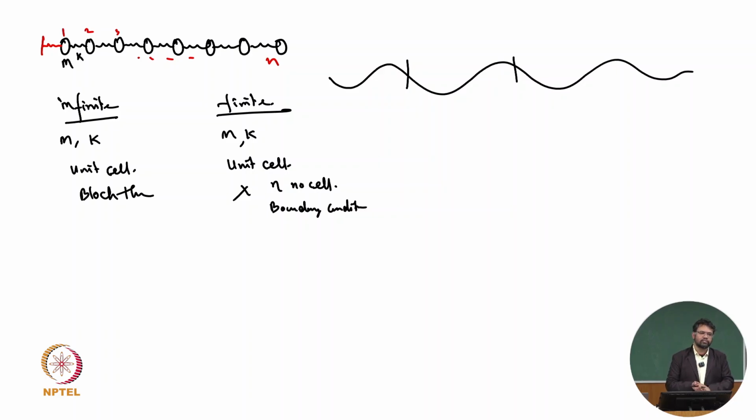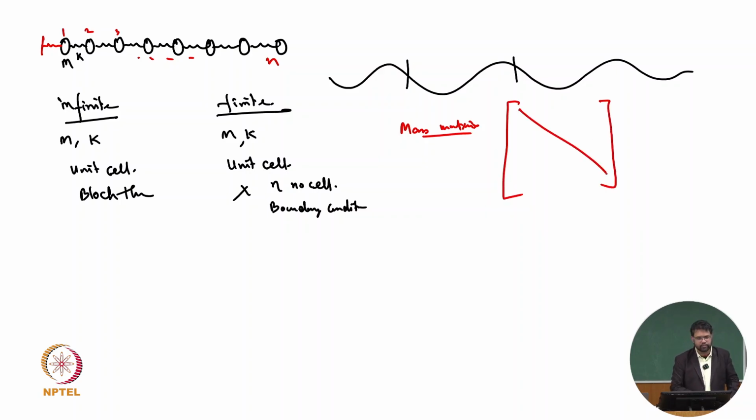How will you solve it? As a multi-degree-of-freedom system, perfect, no doubt on that. So how will you do it? You will make a mass matrix. Perfect. The mass matrix will be a diagonal matrix of M. Very good. How will the stiffness matrix be?